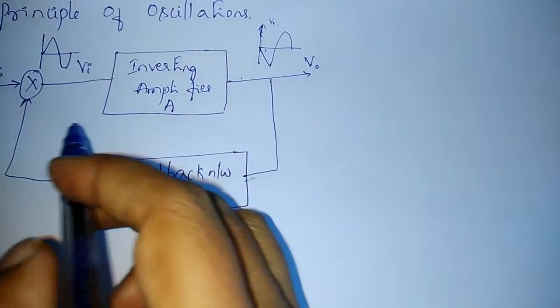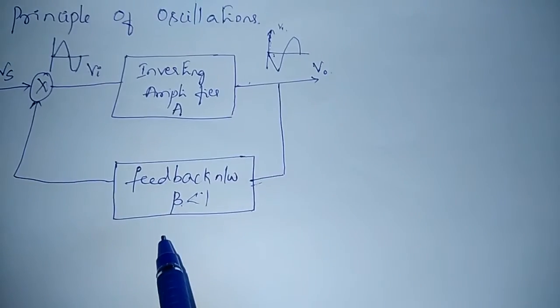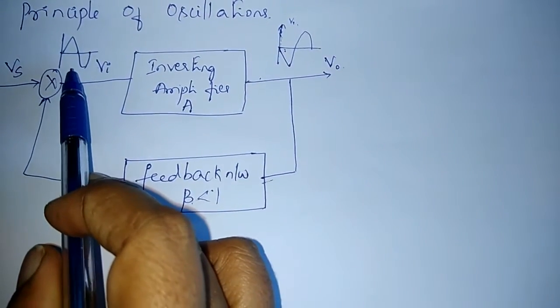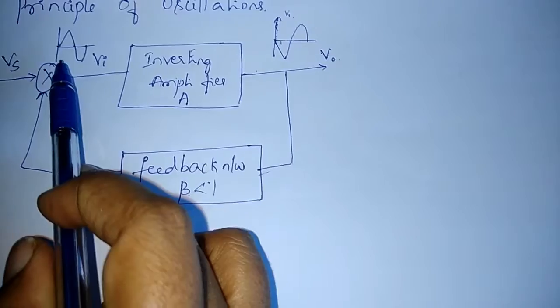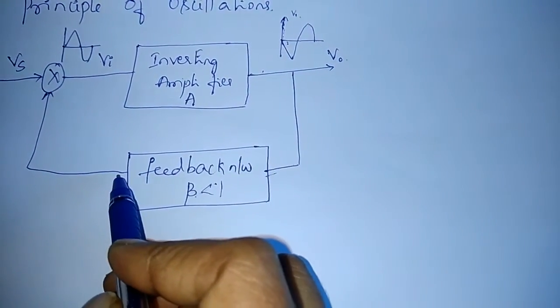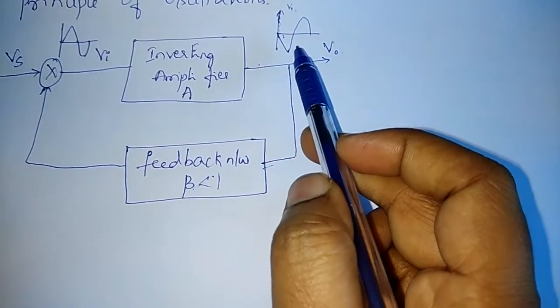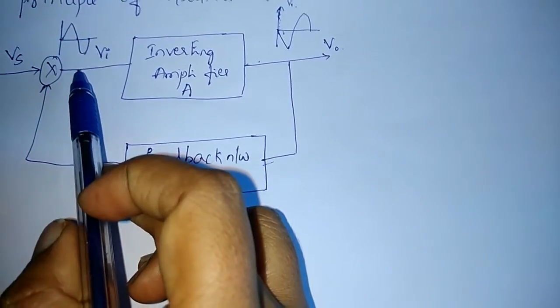Since we are using positive feedback in the case of the oscillator, whatever input you are giving, the same input you have to feed back here, correct? So the feedback signal should be in phase with this signal, but here the output signal is out of phase with it. So what happens?